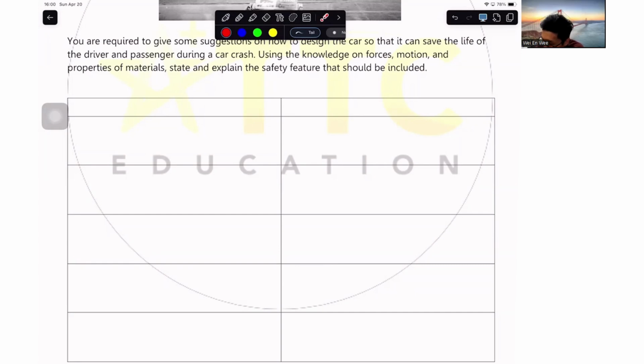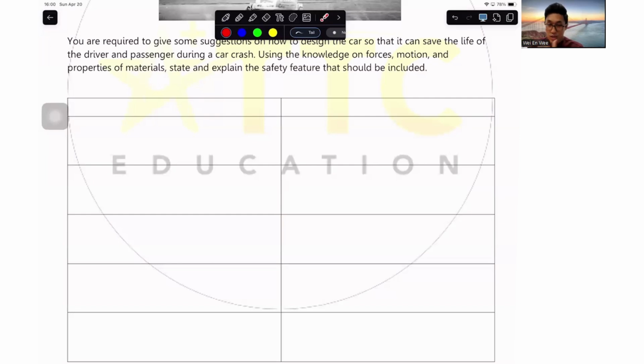Okay, one. What else? Besides seatbelt. Go on. More. Okay, airbag. Next. Come on. More. Airbags. And then okay, headrest. Keep going, keep going. Don't stop, faster. We run out of time already.